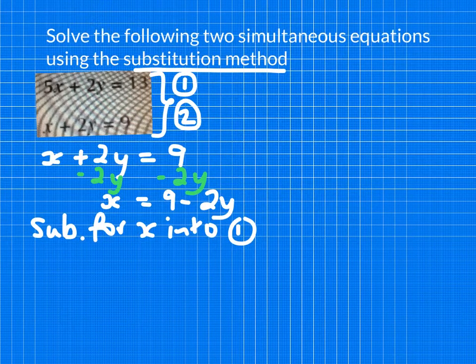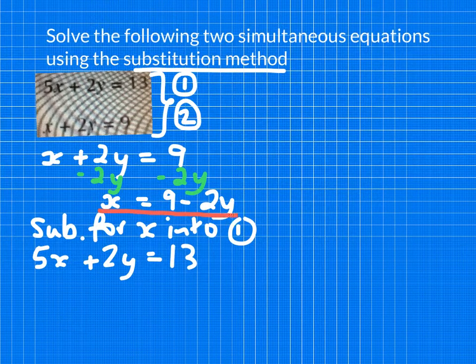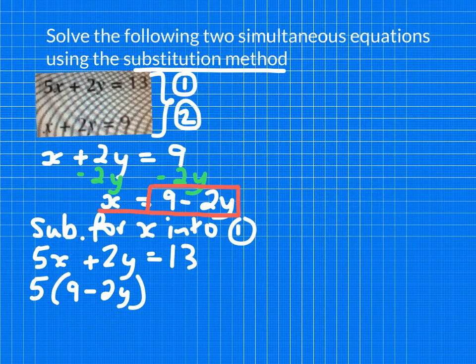The original equation was 5x plus 2y is equal to 13, and now we also know that x is equal to 9 minus 2y. So we're going to write 9 minus 2y where we had x. 5 times (9 minus 2y) plus 2y is equal to 13.